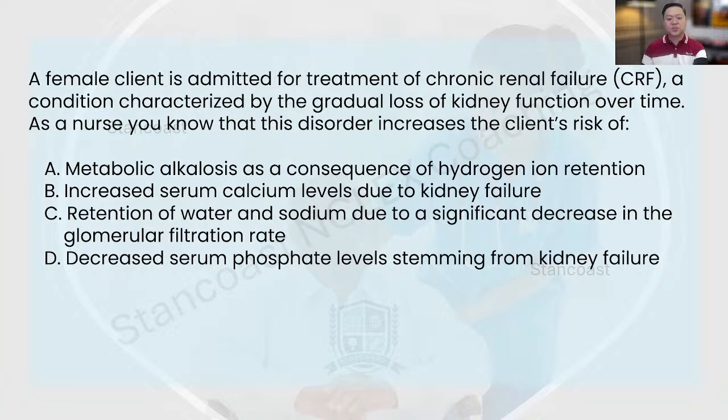So as a nurse, you know that this disorder increases the risk of, is it A, metabolic alkalosis as a consequence of hydrogen ion retention? Is it B, increased serum calcium levels due to kidney failure? Or is it C, retention of water and sodium due to a significant decrease in the glomerular filtration rate? Or is it D, decreased serum phosphate levels stemming from kidney failure?